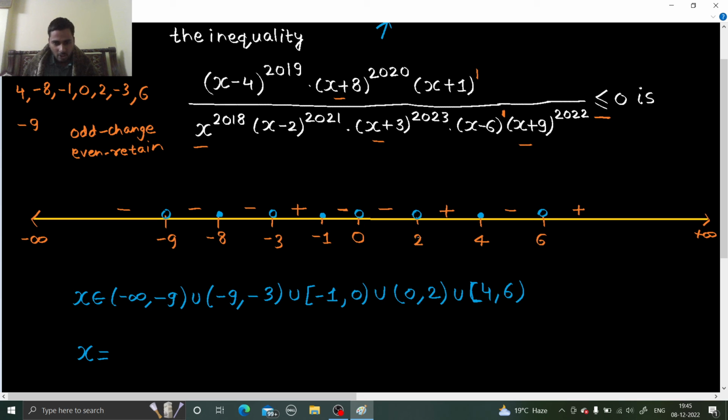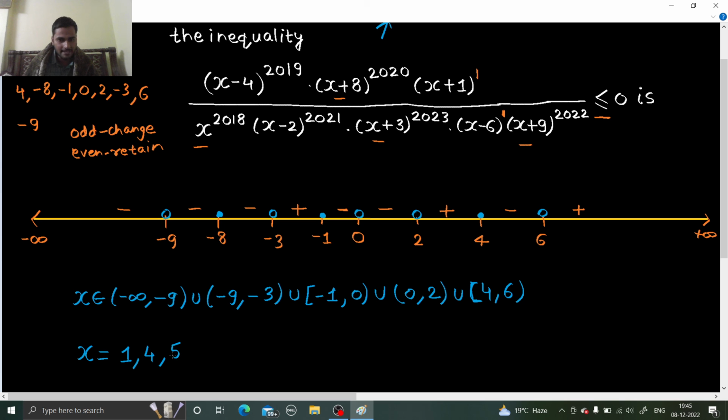In the 0 to 2 interval, both 0 and 2 are not part of our solution. The only other integral value in this region is 1, so 1 will be a part of our answer. The other region is 4 to 6. 4 is included because there is a filled circle, so mark 4 in your answer. 6 will not be included, and one more is 5.